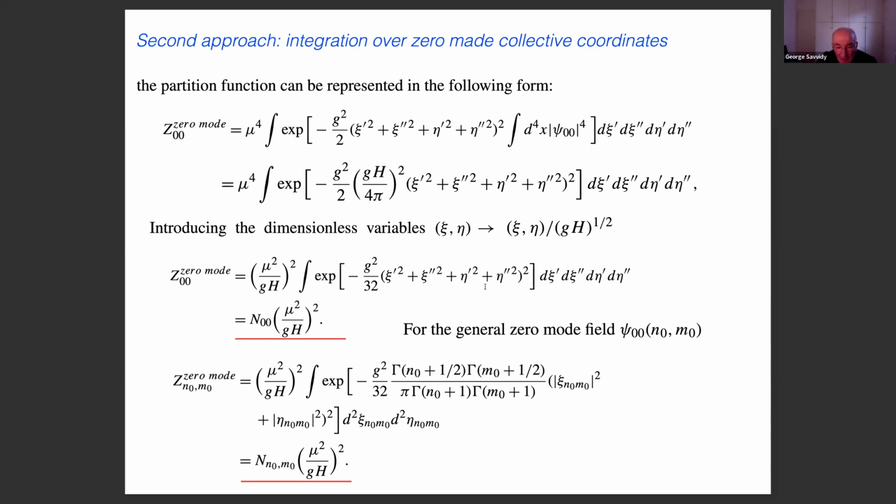And so what remains is this integral of the quartic, and then the integration of the amplitude. So as you see, the full dependence on the field just factorizes from the path integral. But of course, we have to also take the degeneracy into account.